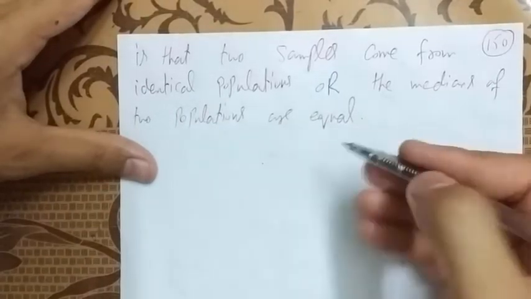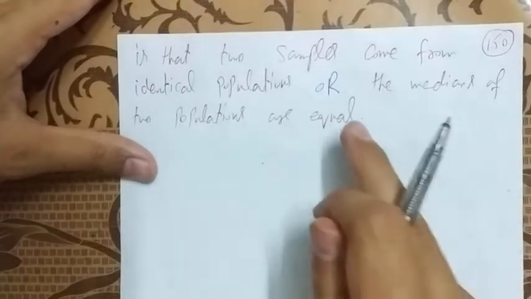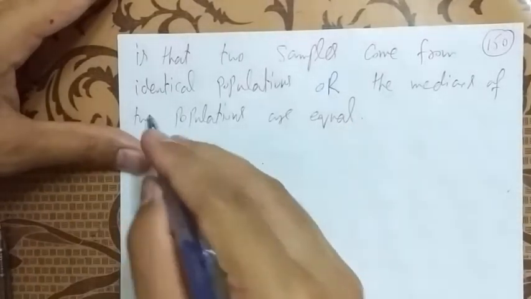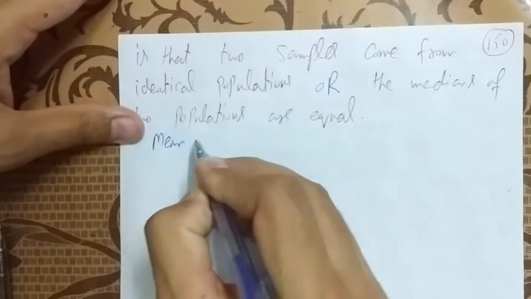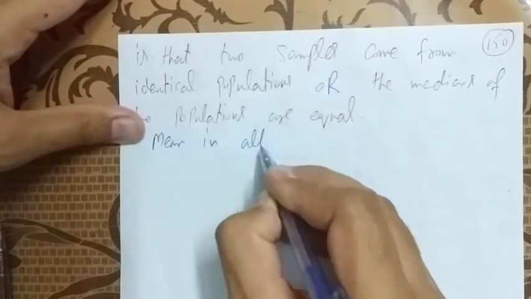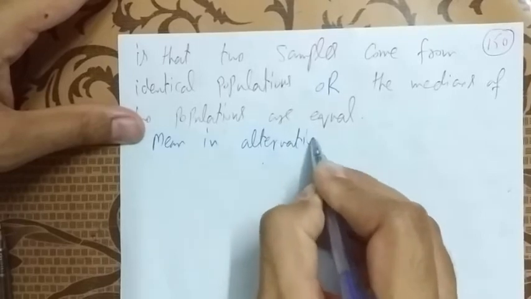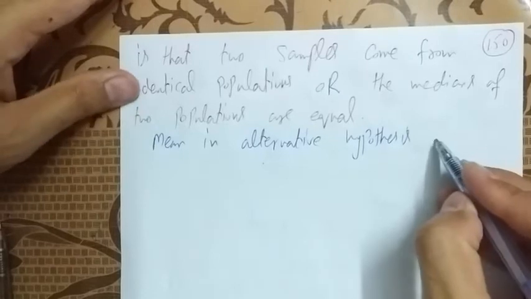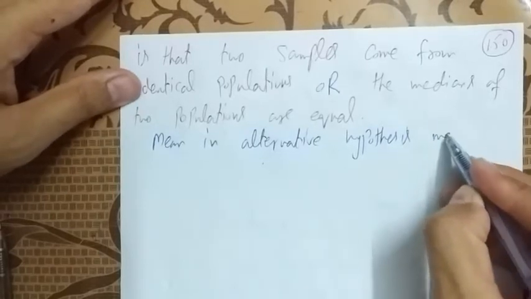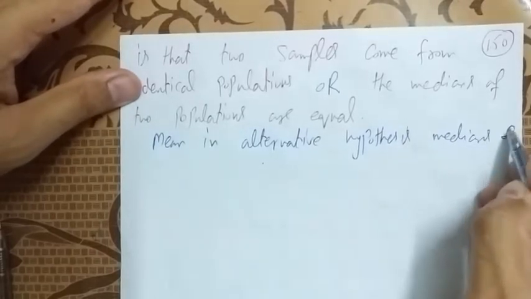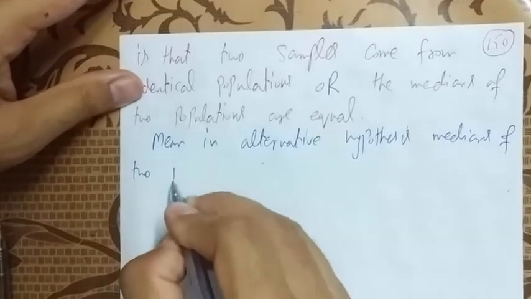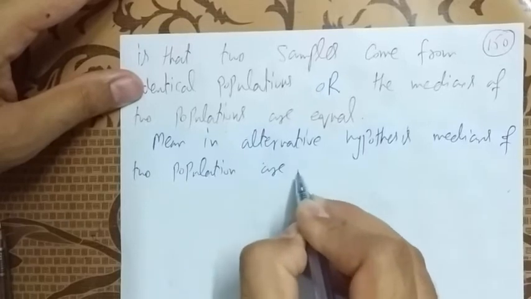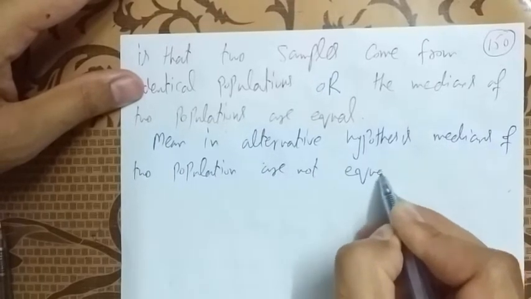Okay, against the alternative hypothesis, meaning in the alternative hypothesis, the medians of the two populations are not equal.